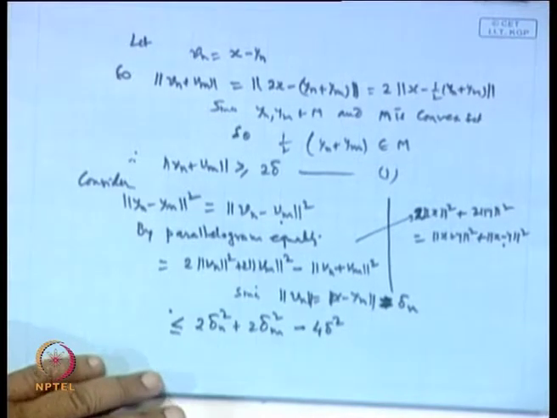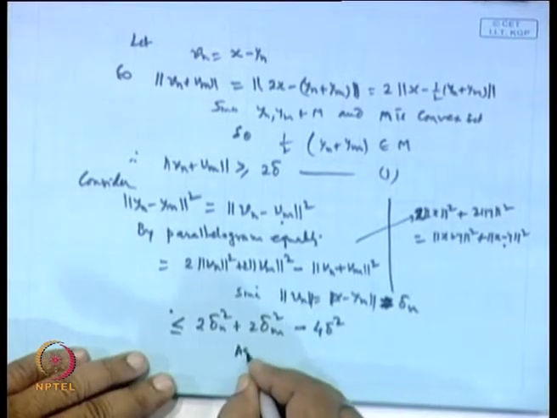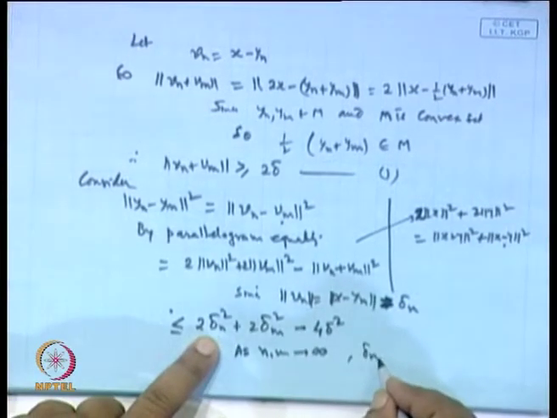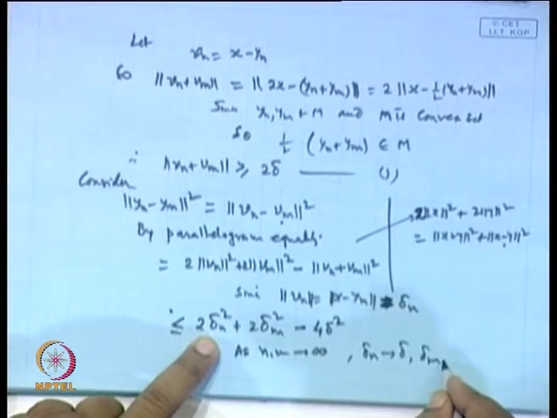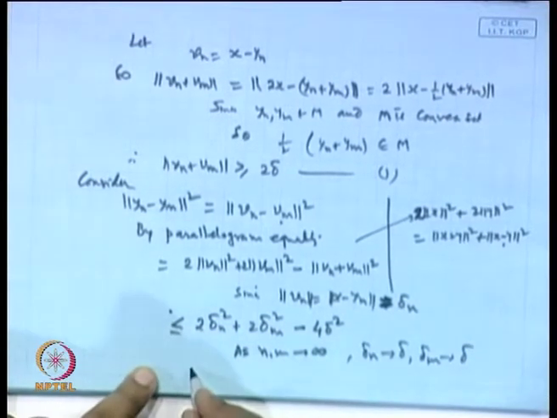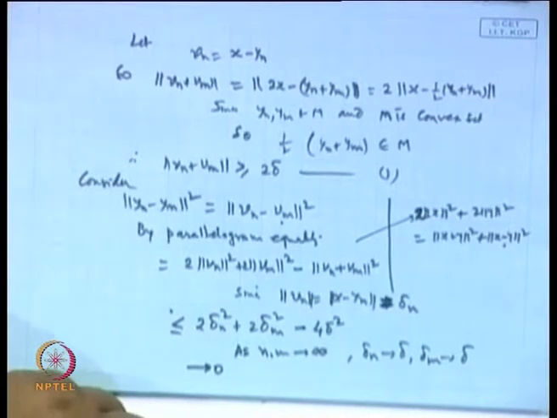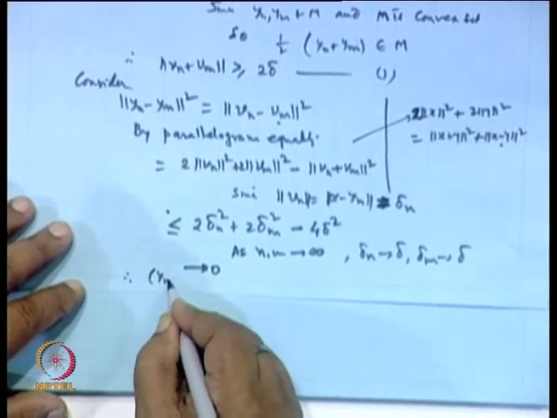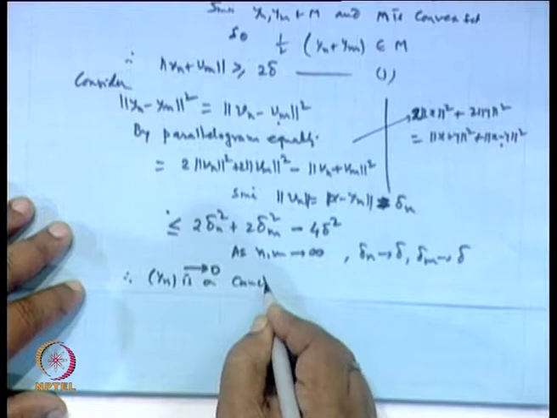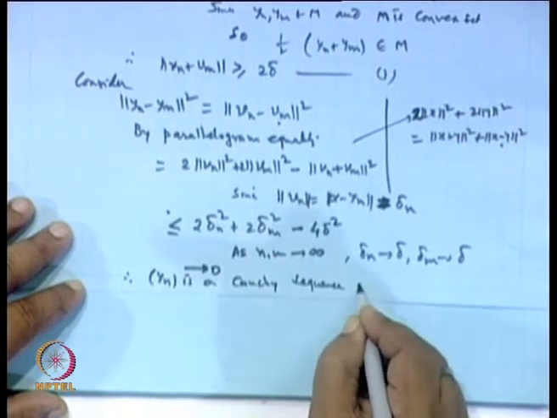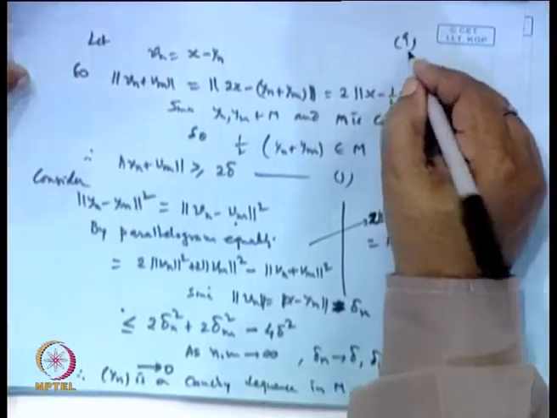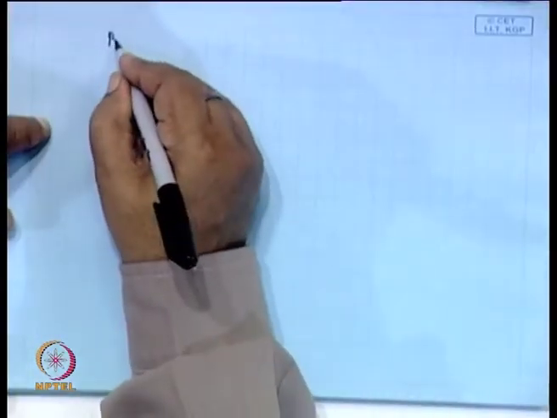Is it okay? Now, as n and m go to infinity, delta n goes to delta, delta m goes to delta. So, the entire thing will go to 0, exactly. Therefore, this sequence y n is a Cauchy sequence in M, but M is complete.